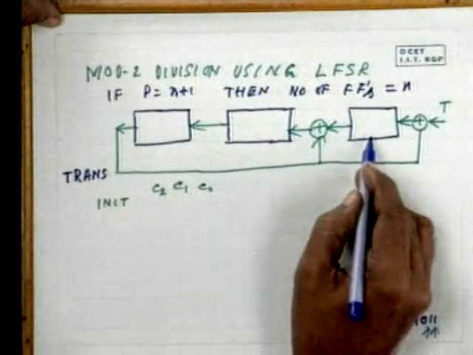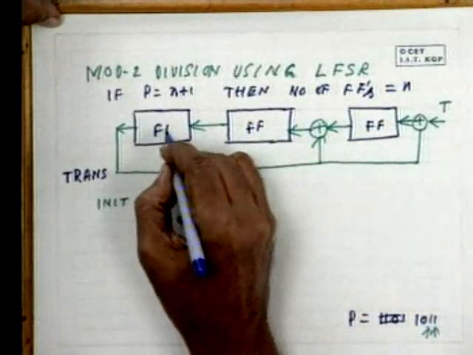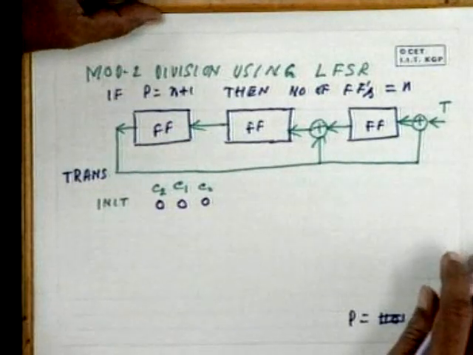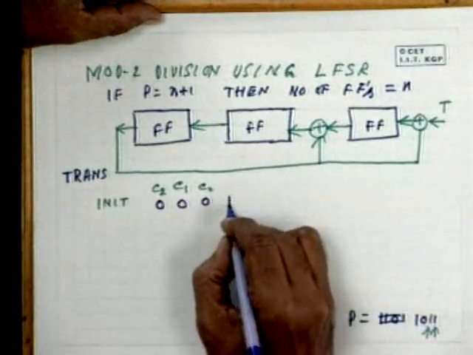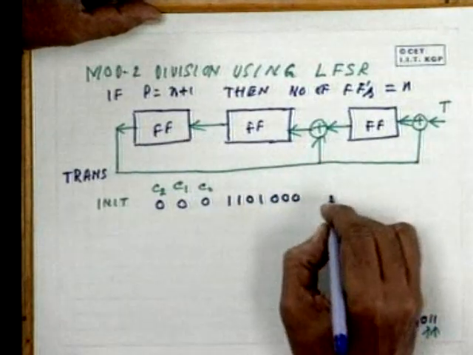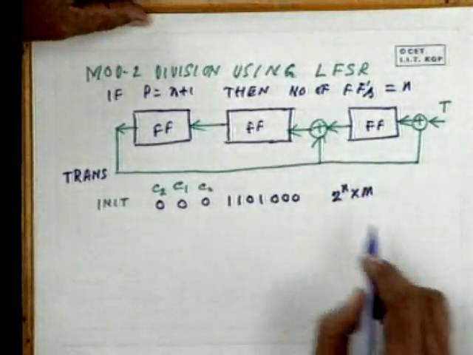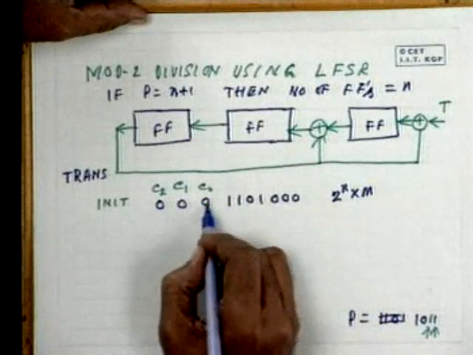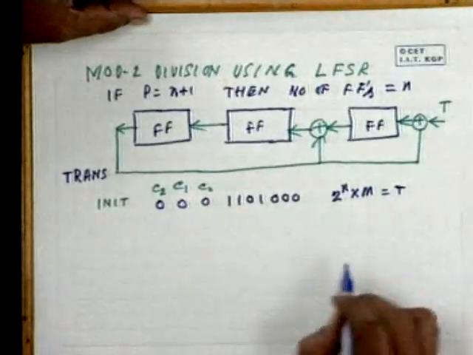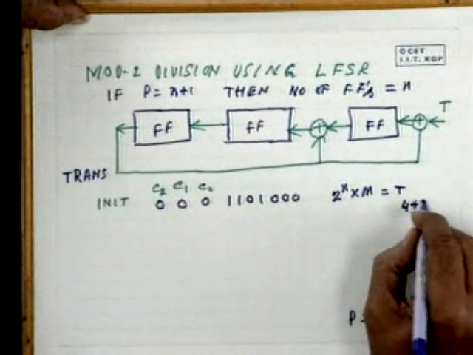These flip-flops are initialized to 0. Then you apply this bit pattern 1 1 0 1 0 0 0, that is your 2 to the power n into m, that is being applied at the input of the shift register, that is equal to T. Now you apply 4 plus 3 clock pulses.